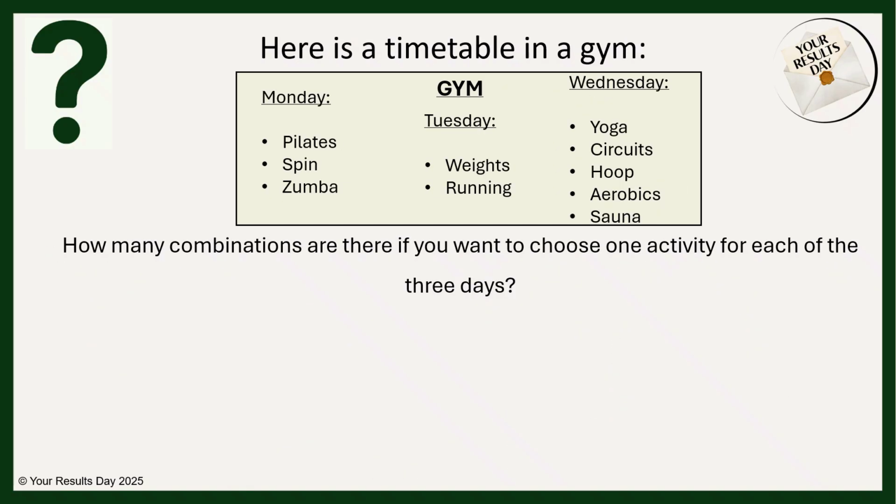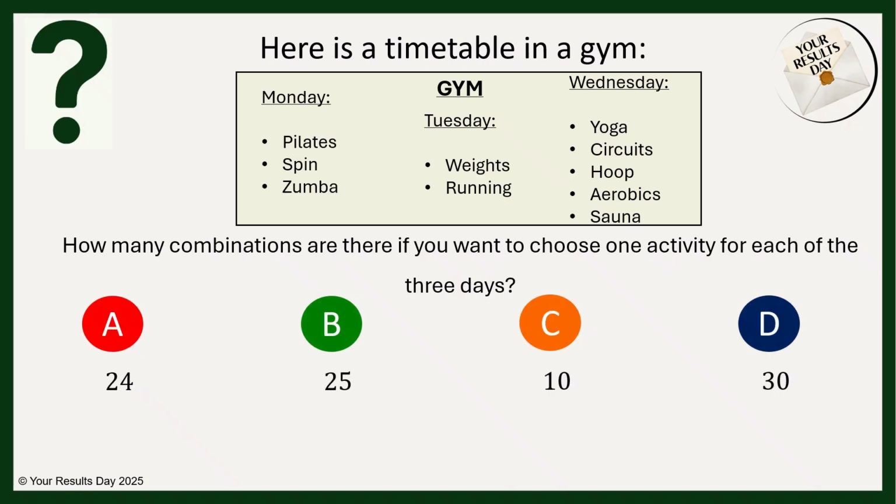Let's just do one more. Here is a timetable in a gym. On Monday, there are Pilates, spin and Zumba activities. On a Tuesday, weights and running. And on Wednesday, yoga, circuits, hoops, aerobics and sauna. How many combinations are there if you want to choose one activity for each of the 3 days?